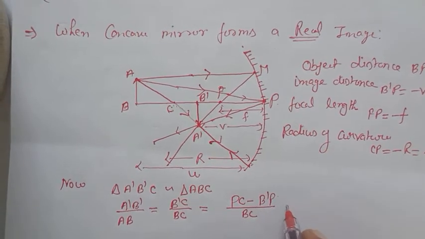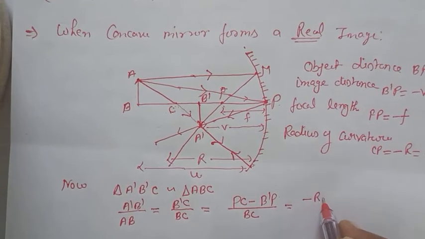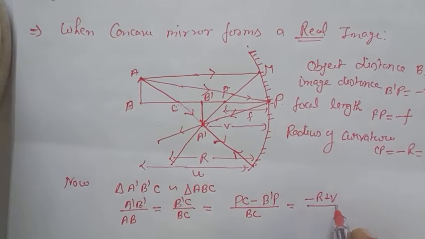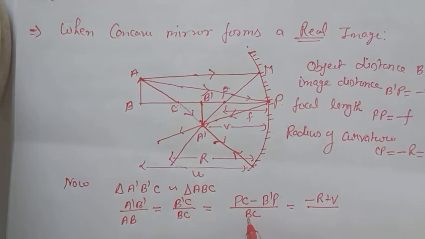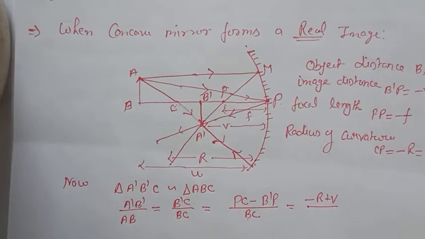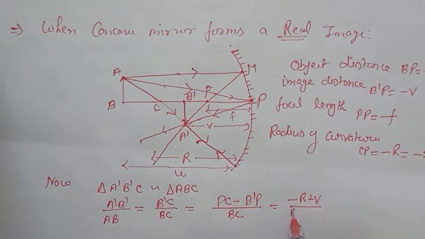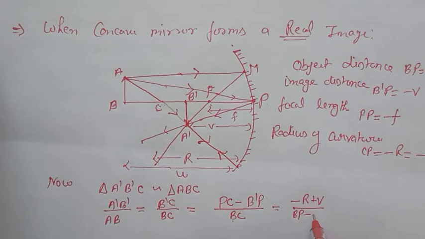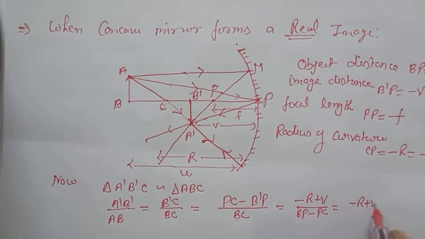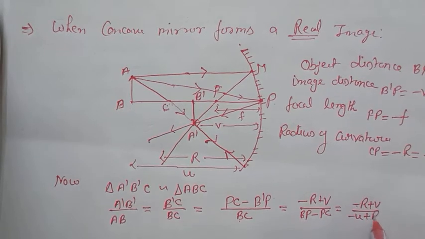In terms of distances, PC is the radius of curvature, B dash P equals minus v, so B dash C is minus R plus v, and BC is BP minus PC, where BP equals minus u and PC is positive R, so BC is minus u plus R. This is equation number 1.